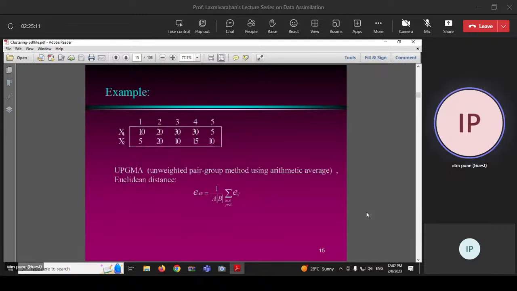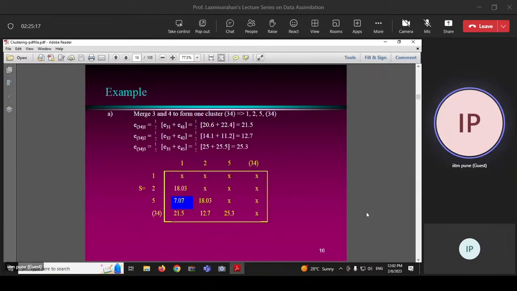What is the next one? The next one is the following. I want to be able to compute the distances. So here comes a little doing now. So originally I had 1, 2, 3, 4, 5. Now I have 1, 2, 3, 4, and 5.